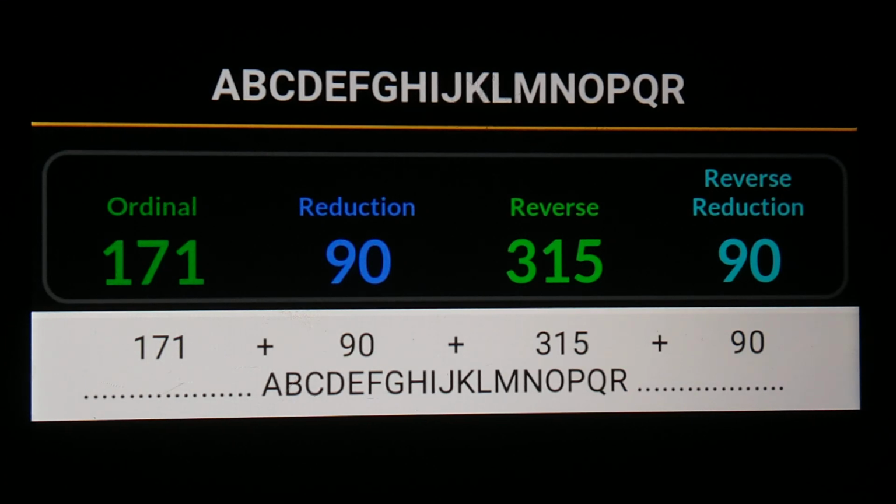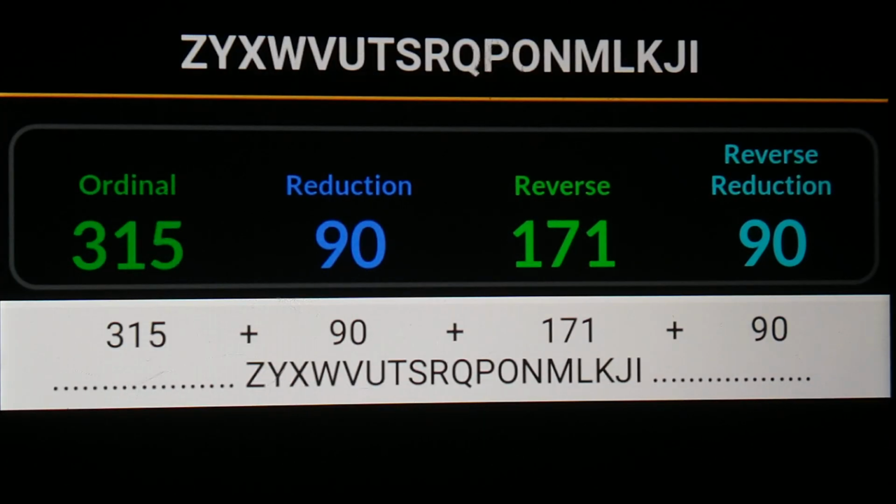Looking from the left, the first 2 that you see, ordinal and reduction, have to do with the alphabetic order going forwards, meaning A is the first letter, B is the second, C is the third, and all the way to Z. But then if you consider that Z is the first letter going backwards, Y would be the second, X third, and so on. That has to do with those ciphers off to the right, reverse and reverse reduction, where Z is the first letter all the way to A being the last letter.